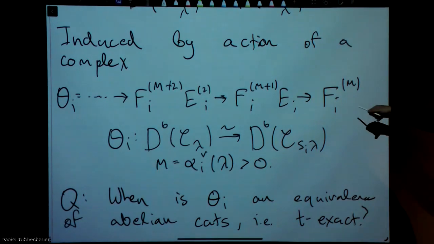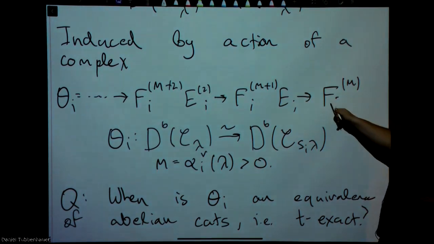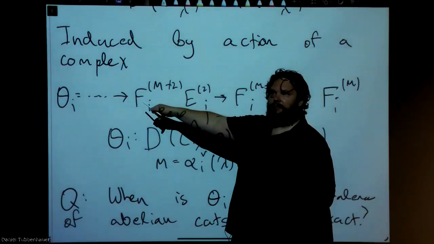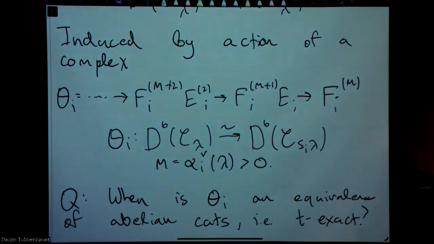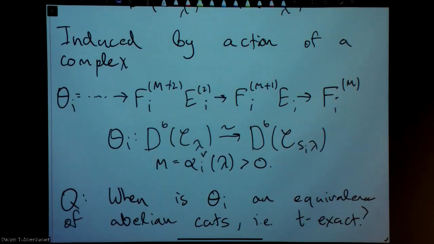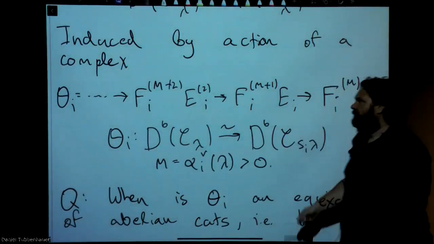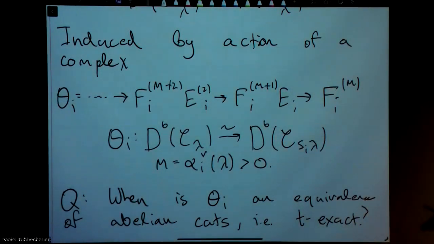So look at this complex. I have one term that's F_i, and then all the other terms start with an E_i. So if a vector is a highest weight vector, if it's killed by the functor E_i, then all these higher terms will act by 0, and only this one term in degree 0 will act in a non-trivial way.